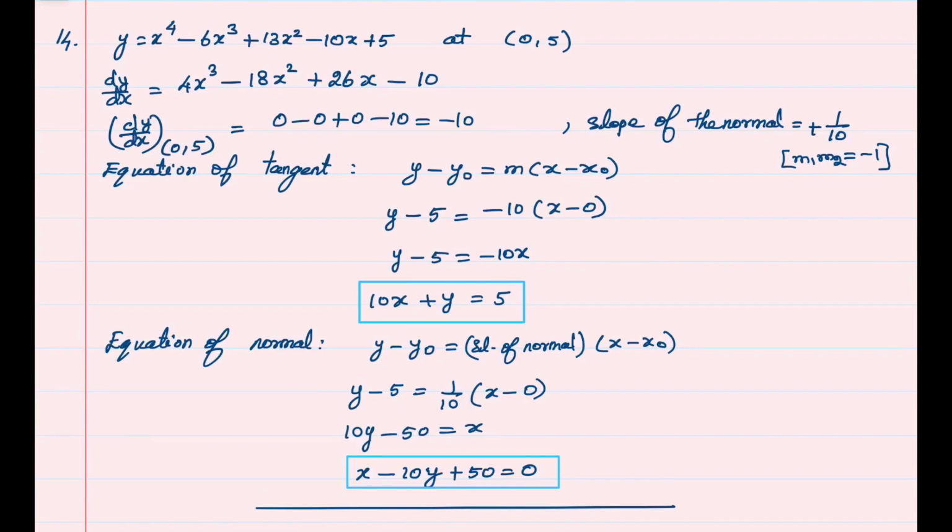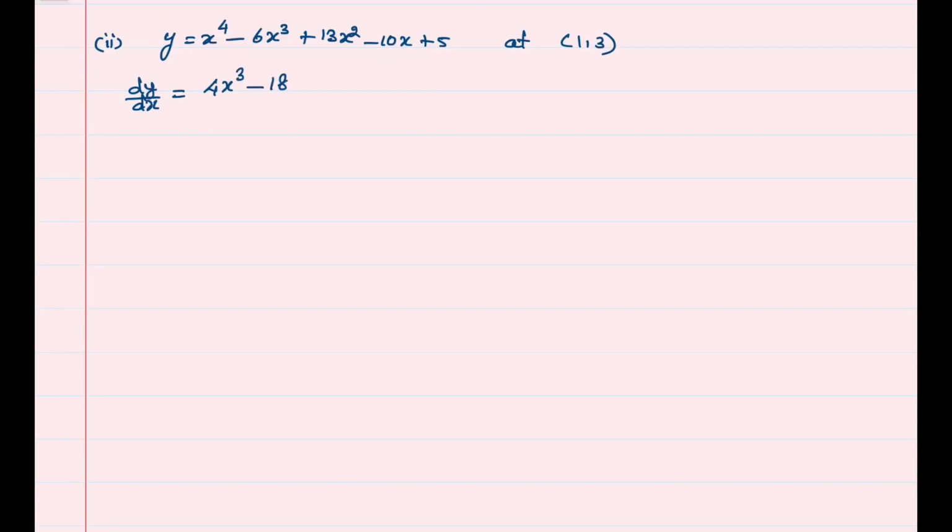Same way we have to do the other subdivisions. Second subdivision, the curve equation is y equal to x raised to 4 minus 6x cube plus 13x square minus 10x plus 5 and the point of contact is (1, 3). Let us differentiate and write dy by dx. 4x cube minus 18x square plus 26x minus 10.